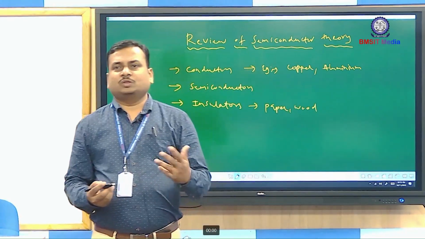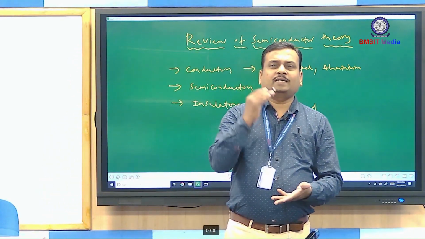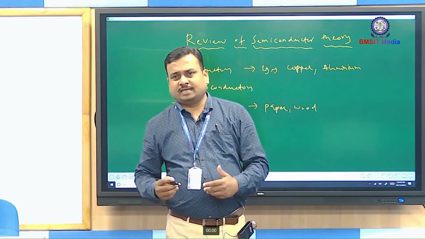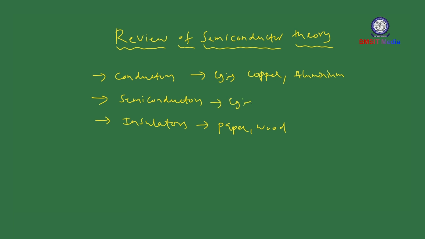Semiconductor materials are those whose conductivity lies between that of an insulator and a conductor. Examples: silicon, germanium, gallium arsenide.